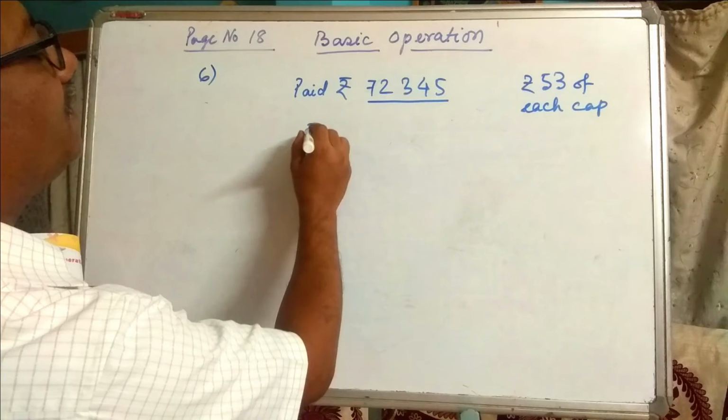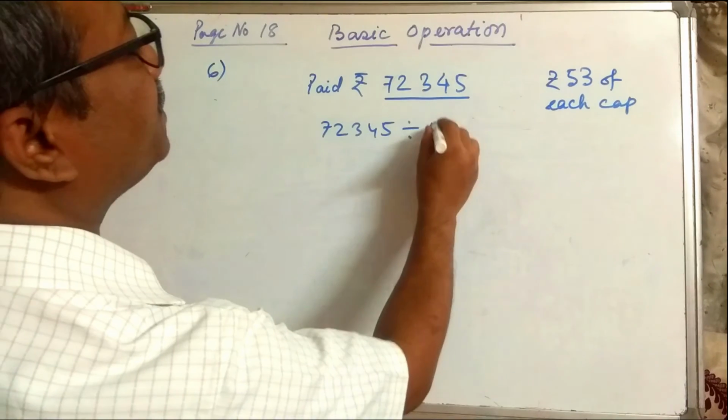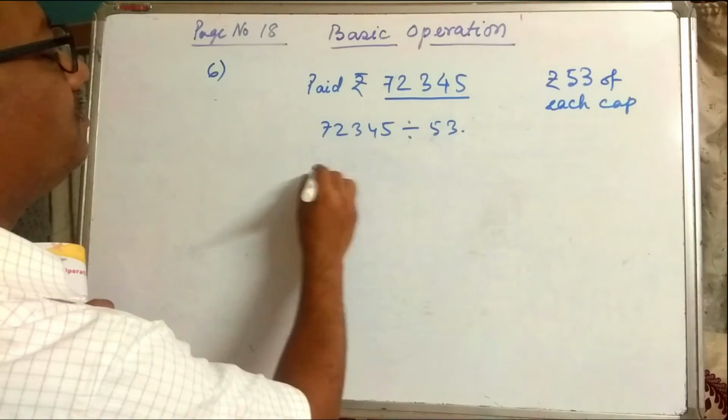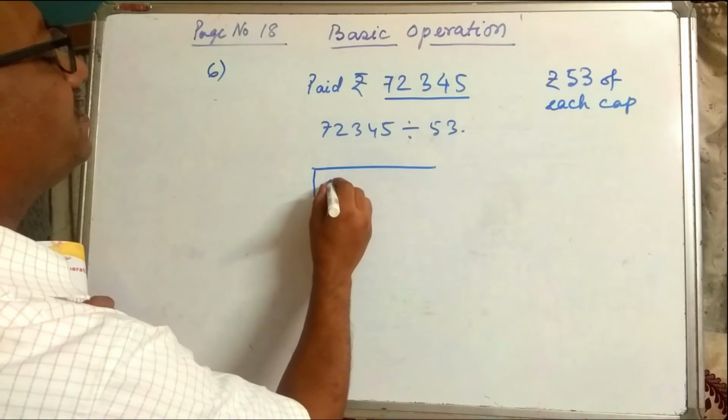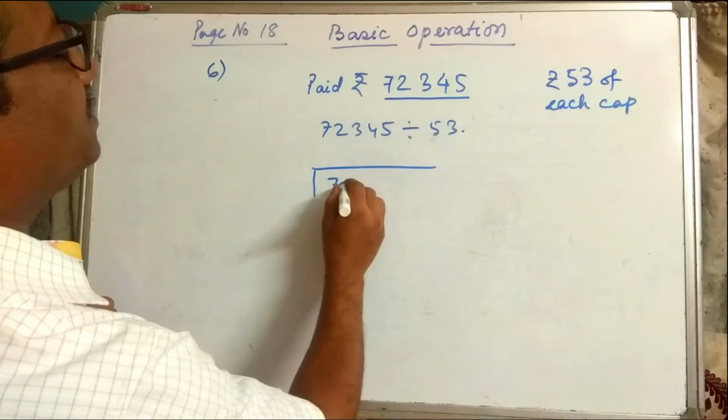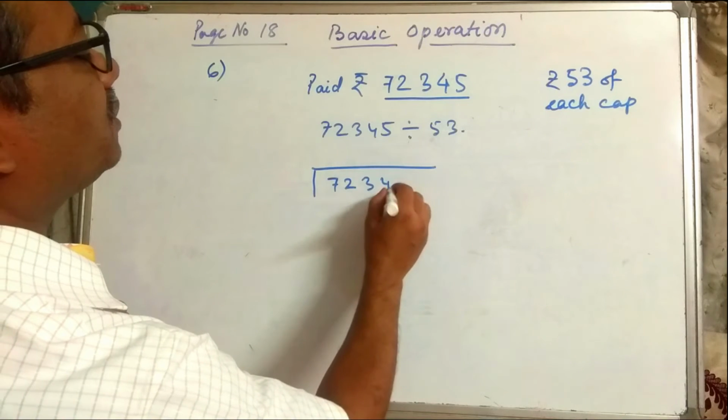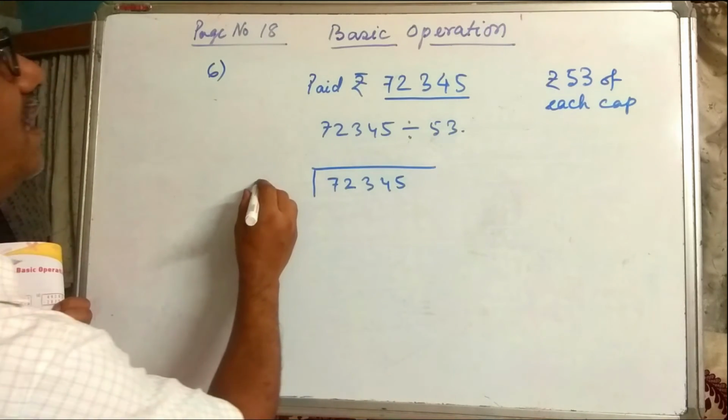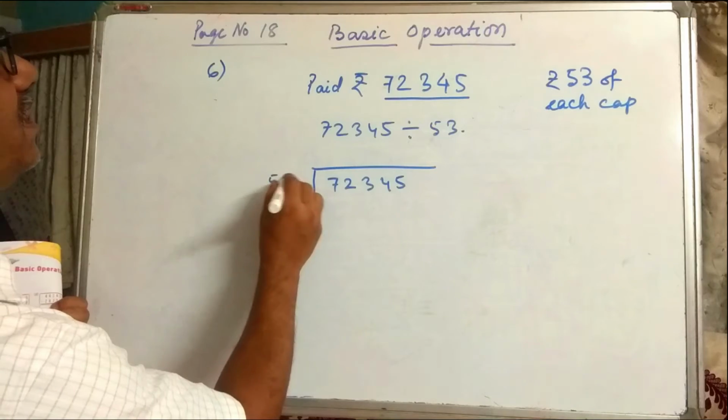So 72,345 and 53. Now you do the sum. Here is the dividend 72,345, and here is the divisor 53.